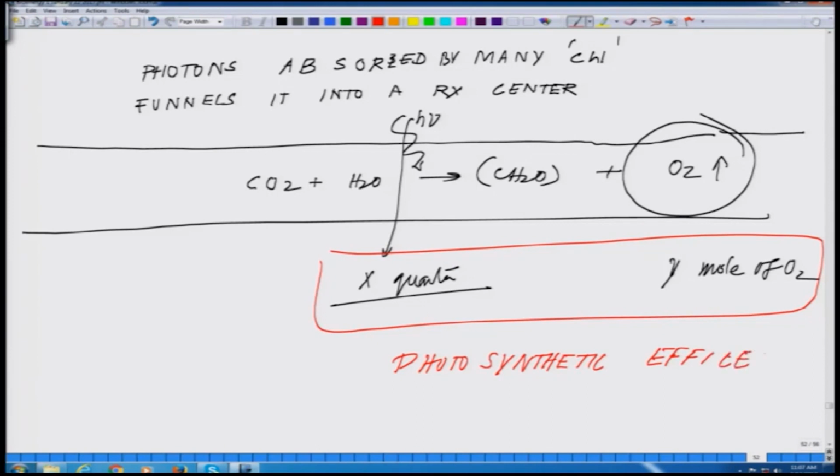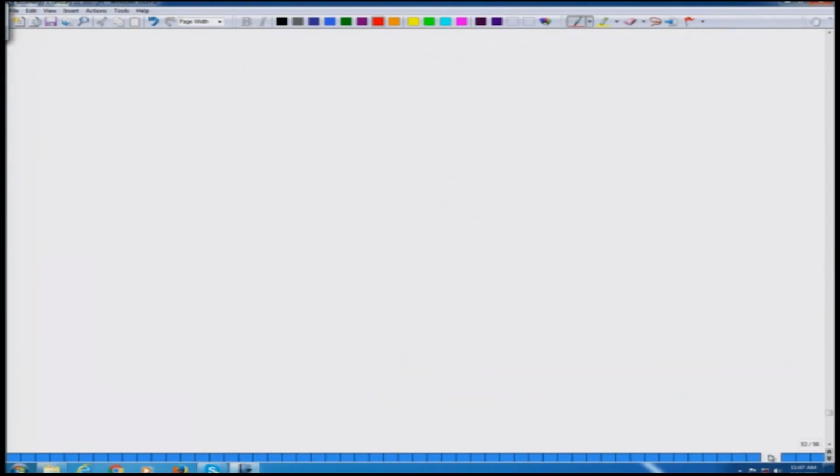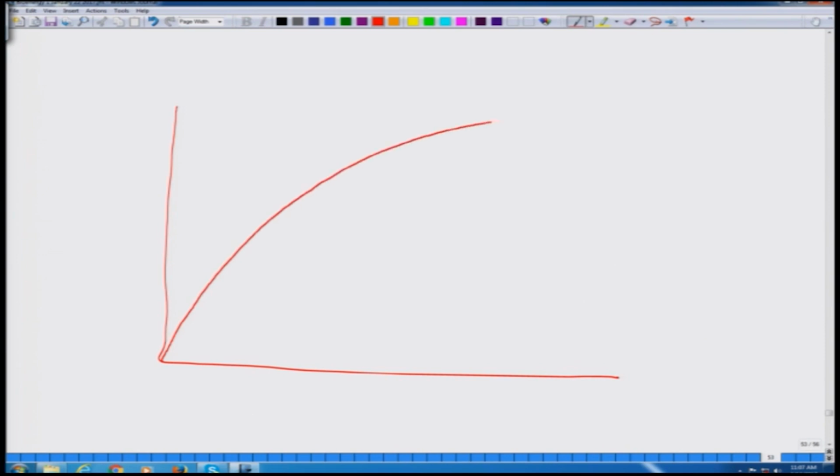Okay. Now, moving on to the next slide. The measurement of the dependence of the rate of photosynthesis on the intensity of illumination shows that it increases linearly at low intensities and reaches a saturating value at high intensities. This was discovered, and it is a very interesting graph for you to look at.